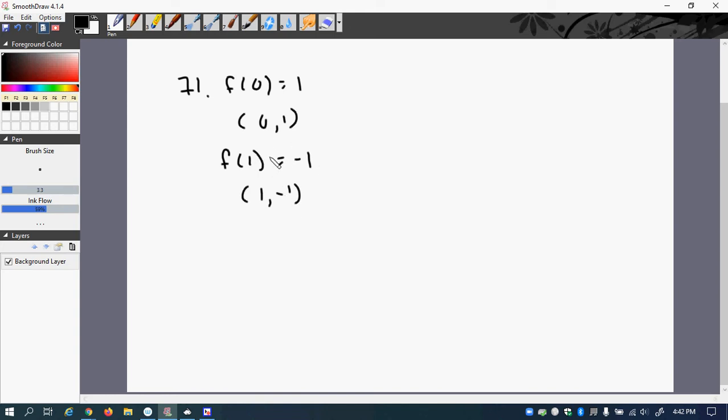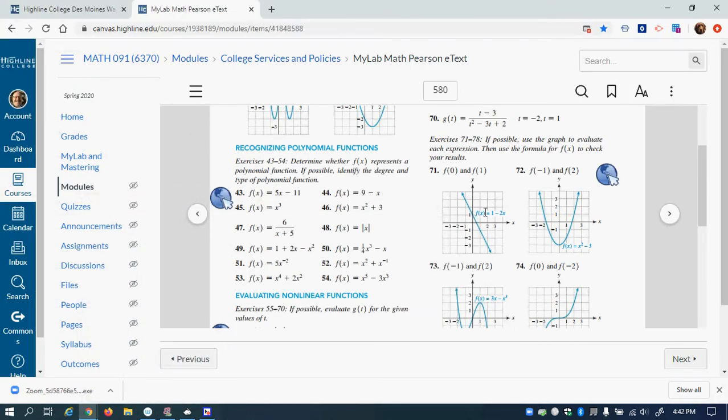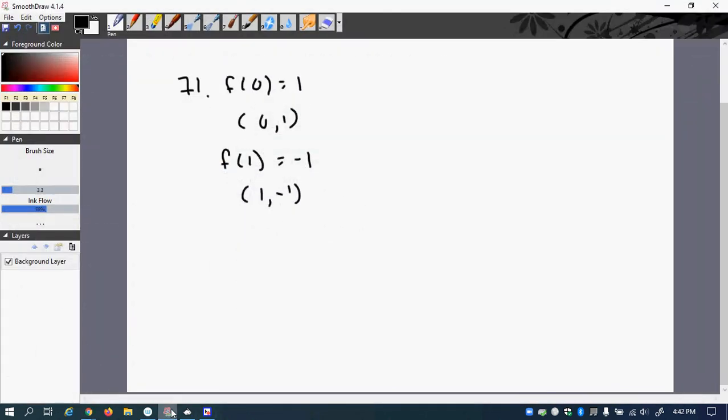So the thing to be aware of is just because you go one way doesn't mean you can't go back the other way. So if you were given the y value, let's say the y value was negative 3, it would look like this. It would be f of x equal to negative 3. And so we're giving you the y value and asking you for the x value.